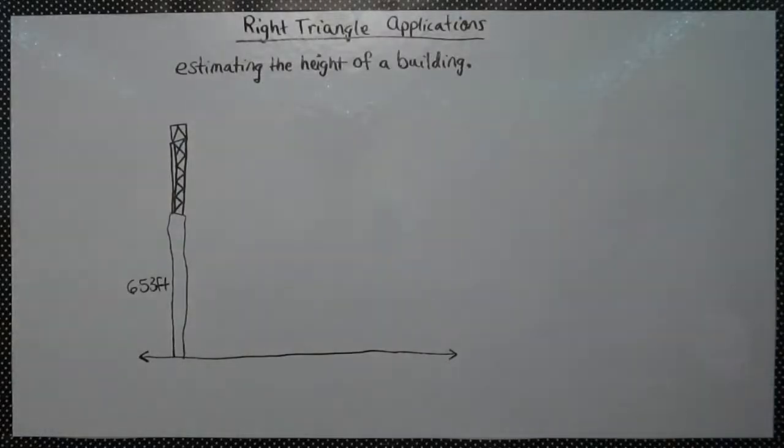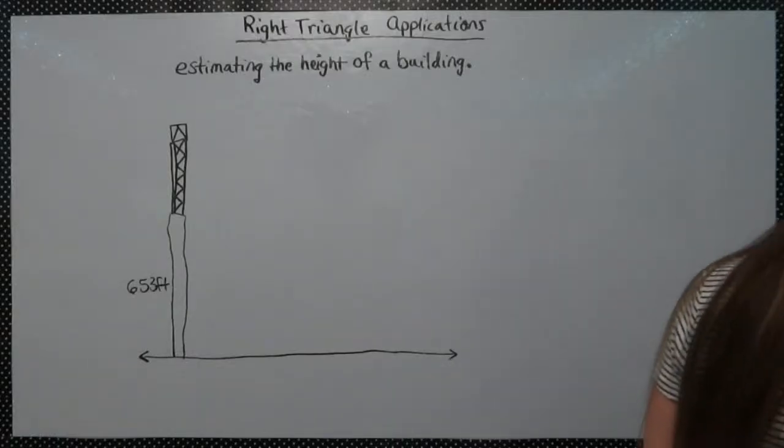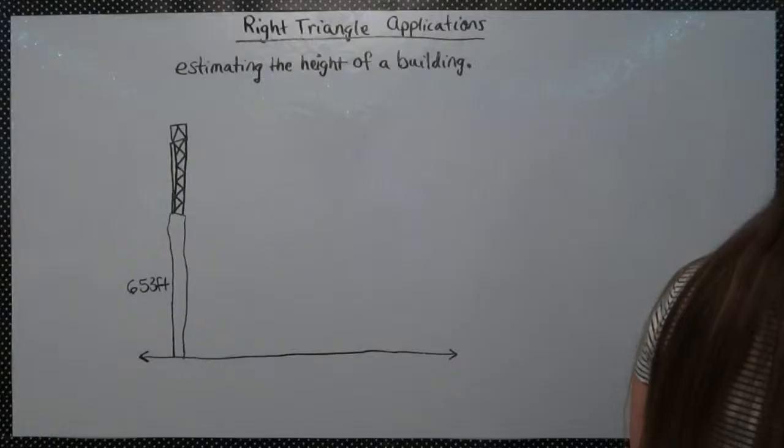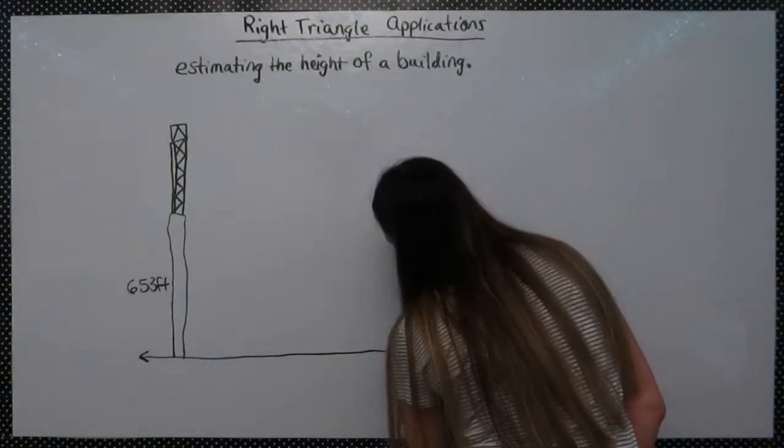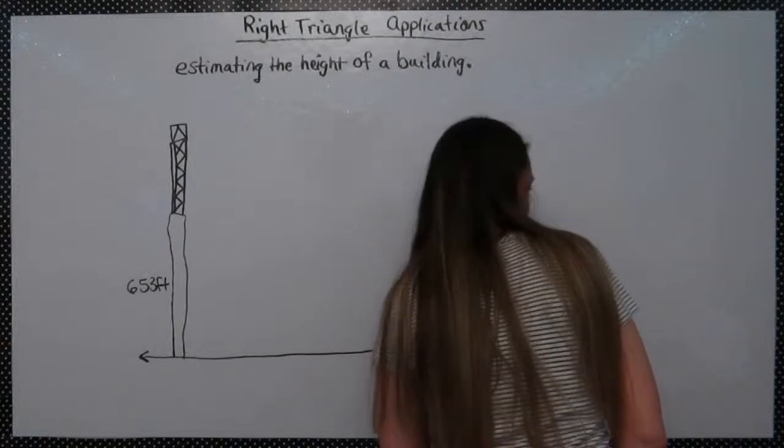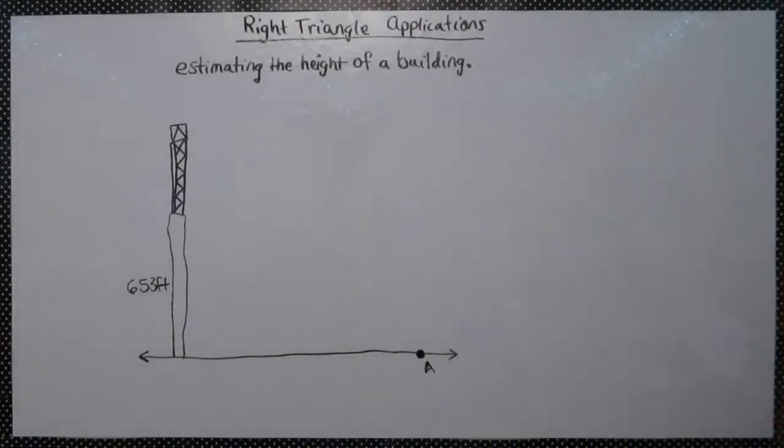And it says, from a point A in the plane, the angles of elevation of the top and bottom of the tower are 47 degrees 28 minutes and 43 degrees 36 minutes, respectively.